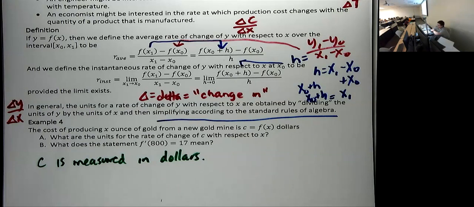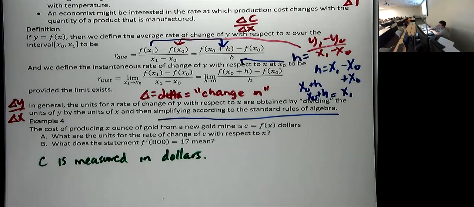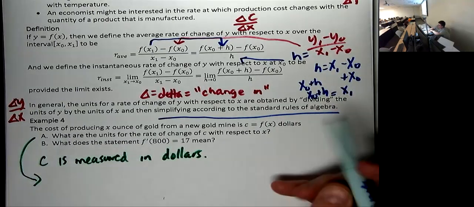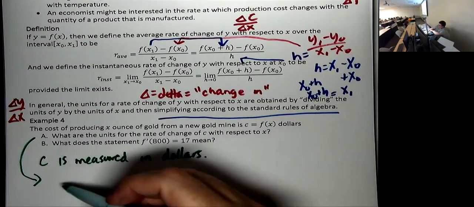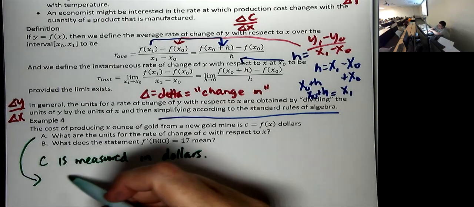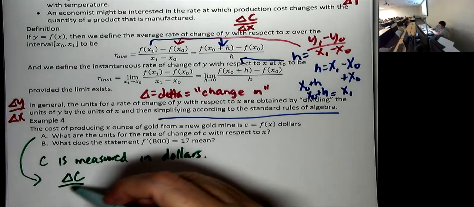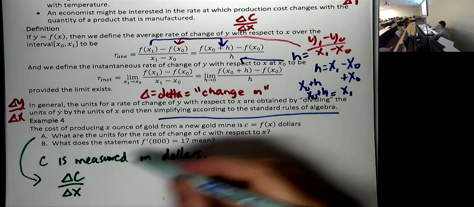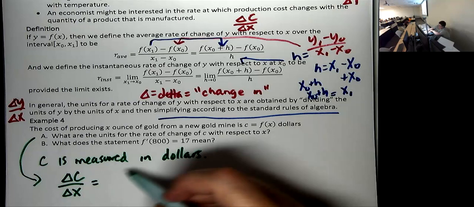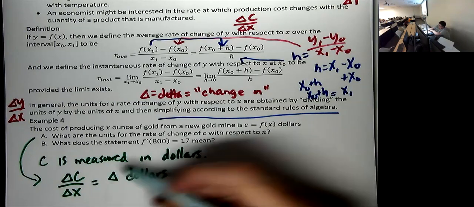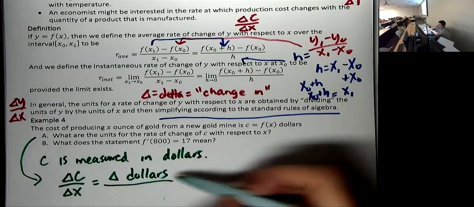So what are the units for the rate of change of C with respect to X? Translating that into symbols, the rate of change of C with respect to X, the change of C is going to be delta C. With respect to X, we're going to have delta X. C, we said, was dollars, so we're doing delta dollars if we're just looking at the units.